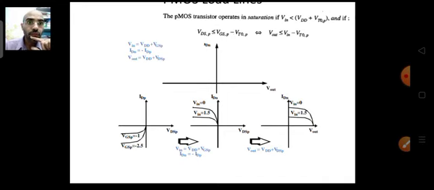Your Vin will become equal to how much? If you consider VDD to be equal to 2.5, and VGSP from this characteristics is minus 2.5, then your Vin will be equal to 0.